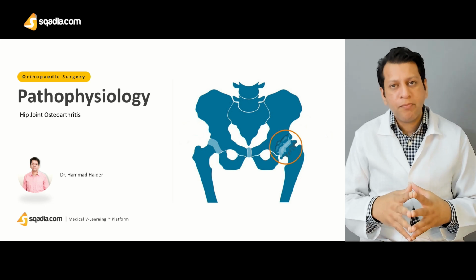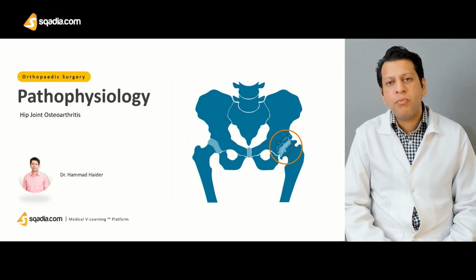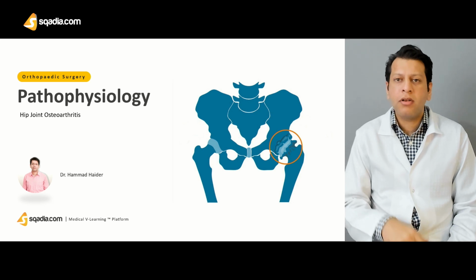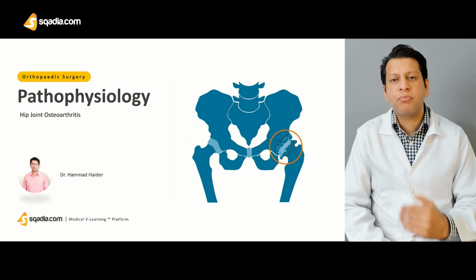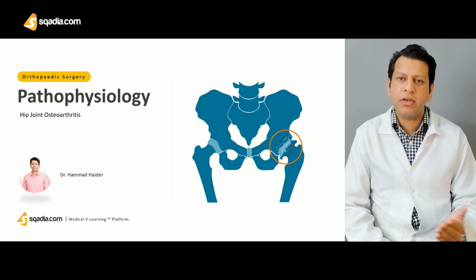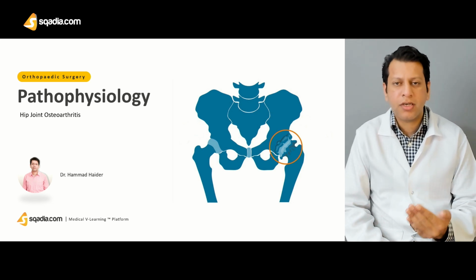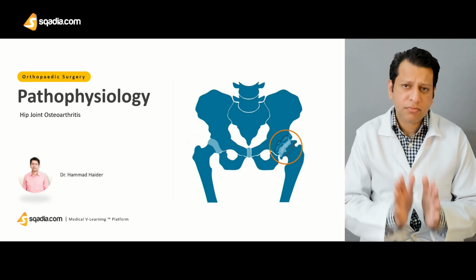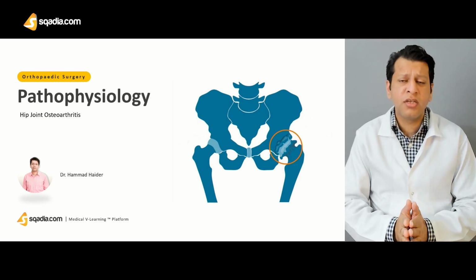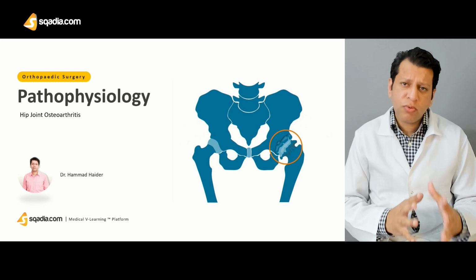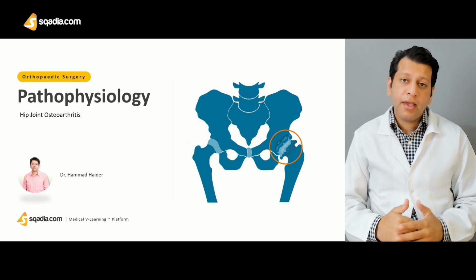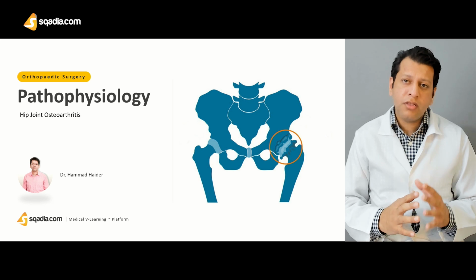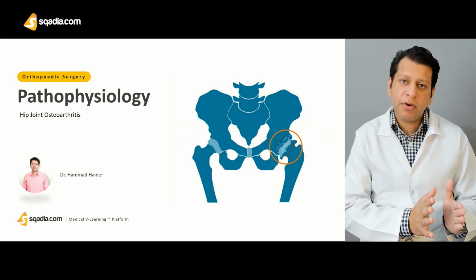For example, if a patient has some form of dysplasia which was present at birth, this was probably corrected in the form of a pelvic harness, or open reduction or closed reduction was done. Whatever the procedure was, despite that, there was always some form of dysplasia present at the acetabular level, and gradually the mechanics would be deformed over a period of time.